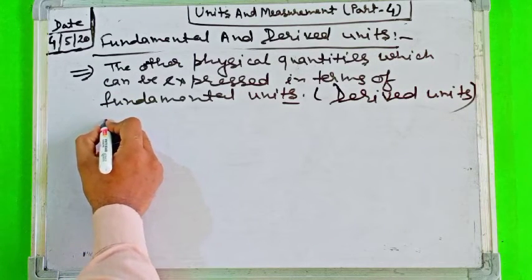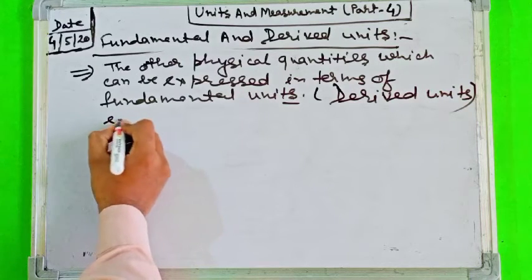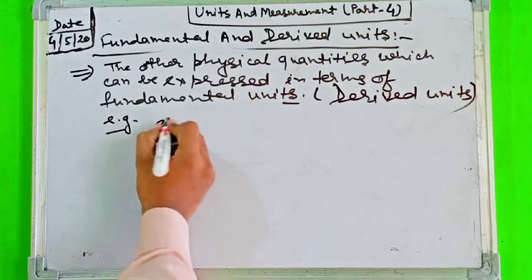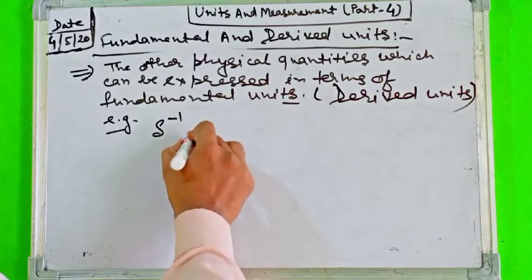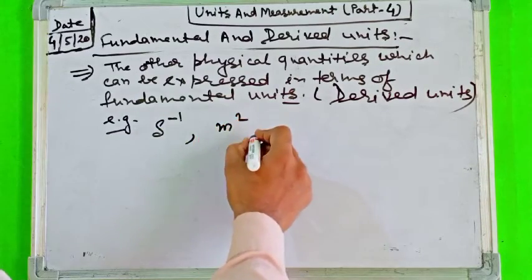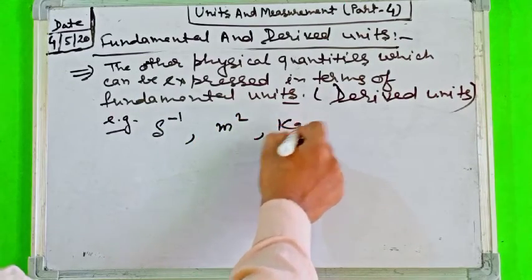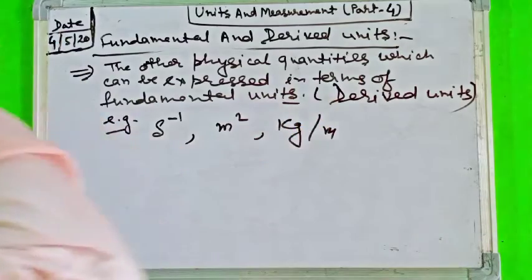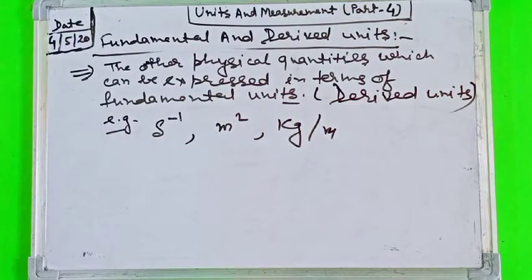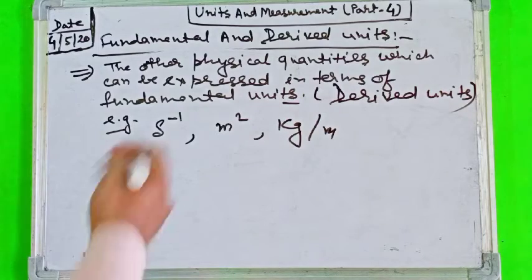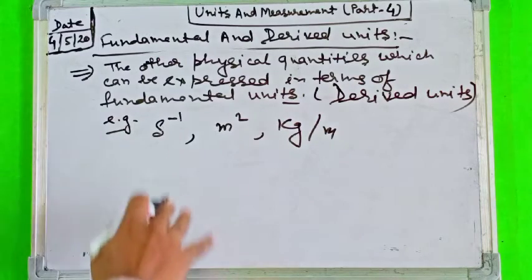For example, suppose we are writing second inverse or meter square or kg per meter. Look at here. Here it is not only second, it is 1 upon second, take a 1 upon time.